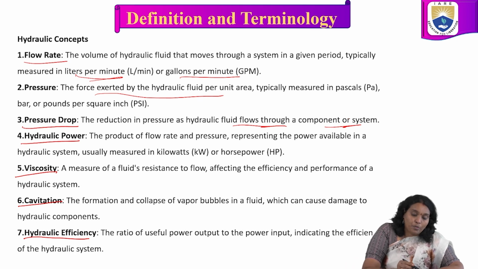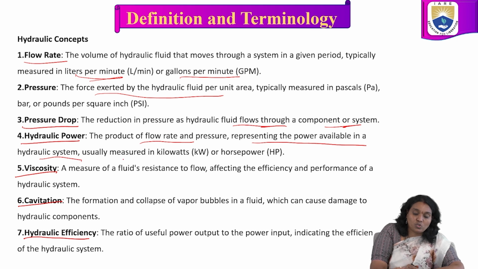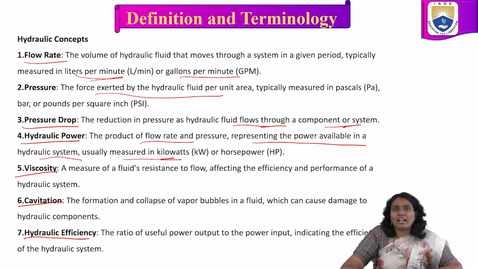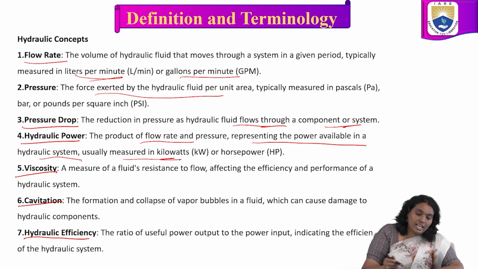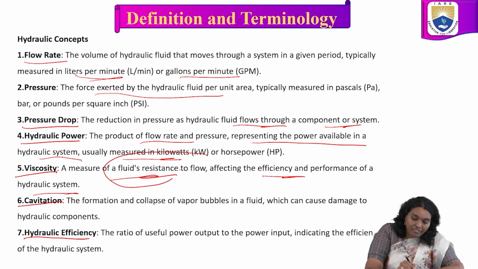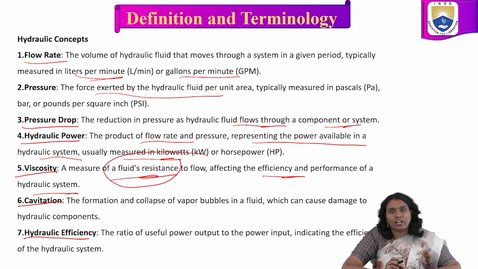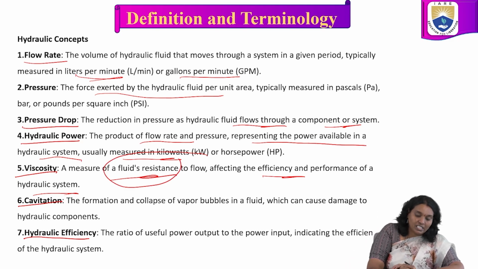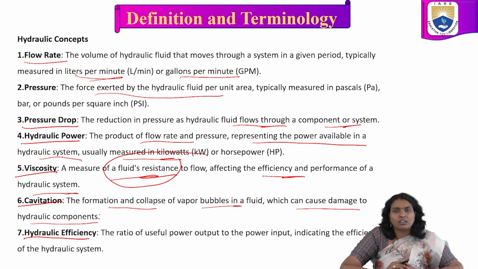Hydraulic power, the product of flow rate and pressure representing the power available in a hydraulic system, usually measured in kilowatts or horsepower. Viscosity, a measure of fluid's resistance to flow, affecting the efficiency and performance of a hydraulic system. Cavitation, the formation and collapse of vapor bubbles in a fluid which can cause damage to the hydraulic components.